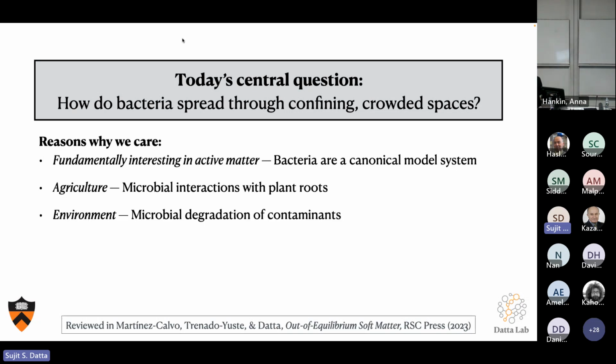It's important, for example, in bioremediation, where there's a lot of interest in using beneficial bacteria in the subsurface to sense chemical contaminants, move through the pores of soil towards them, and degrade them in situ.